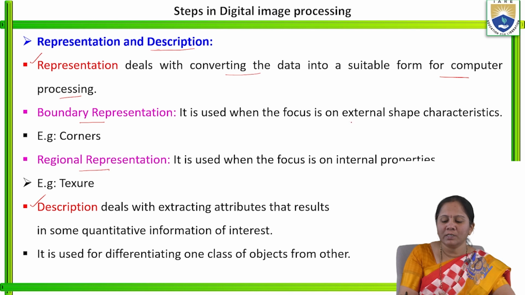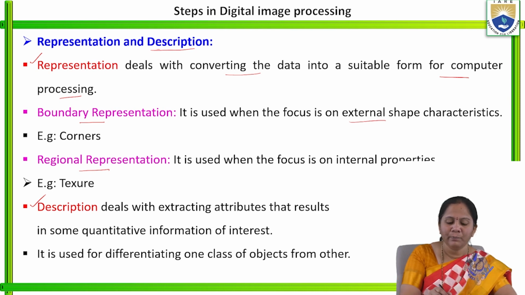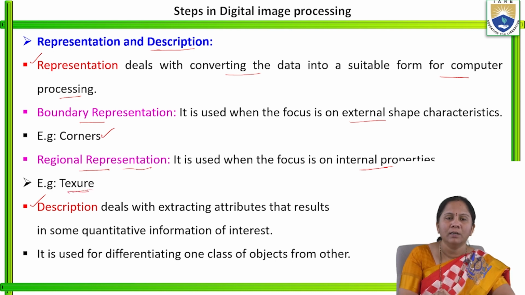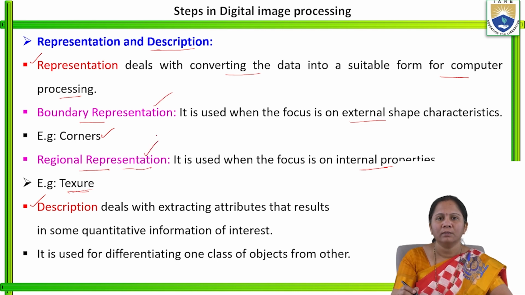Boundary representation generally focuses on the external shape characteristics. For example, it concentrates on the corners in the image. Regional representation focuses on internal properties of the image, for example internal properties like texture. In either of these two ways, the representation of the image can be done.